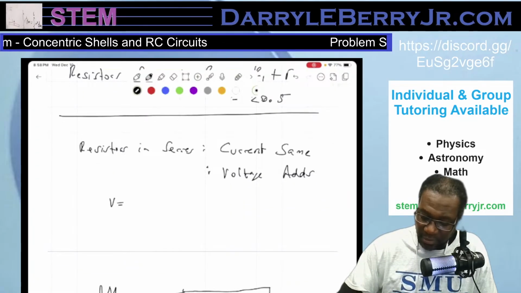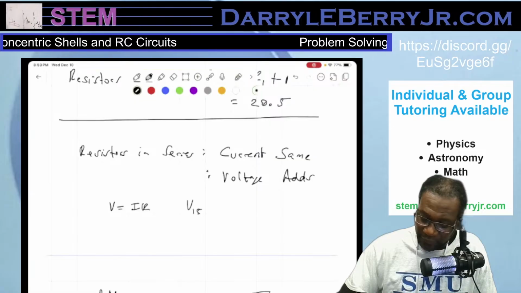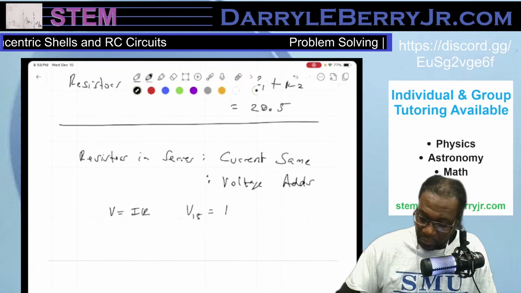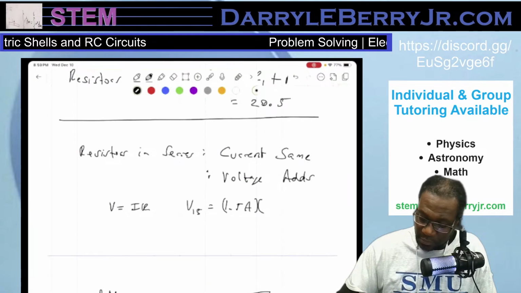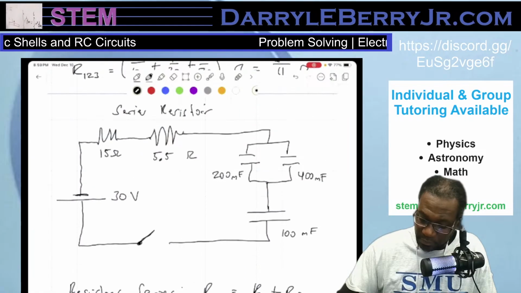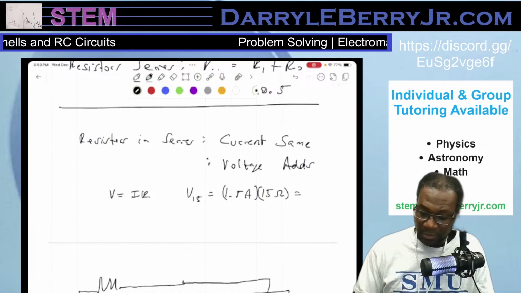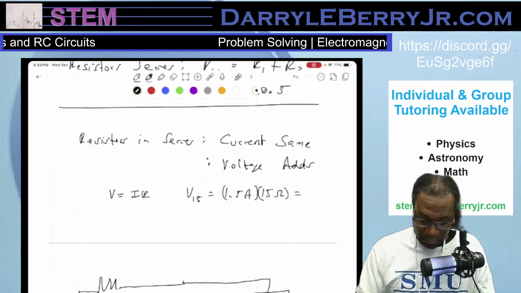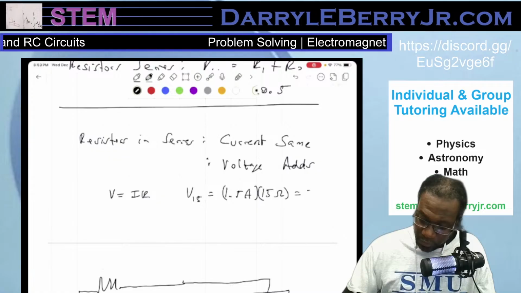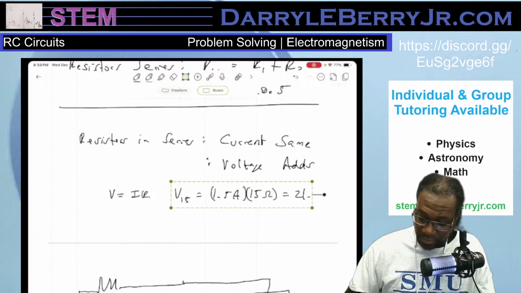So V still does equal IR. V for the 15 ohm one is going to be 1.5 amps times 15 ohms, which equals, technically, 22.5.